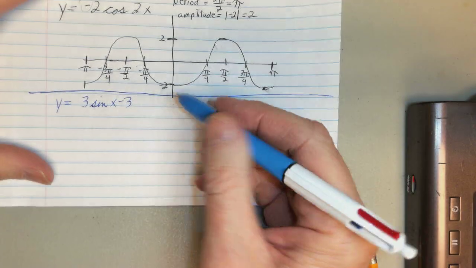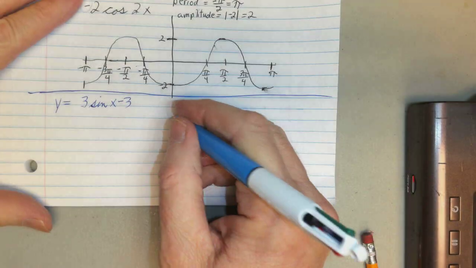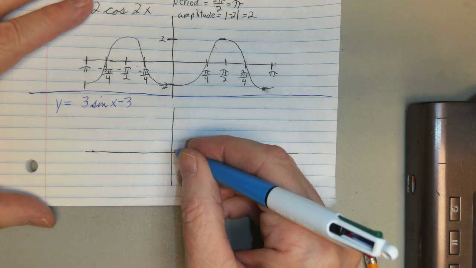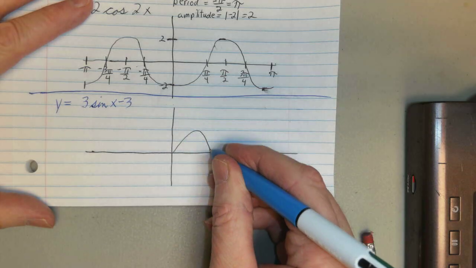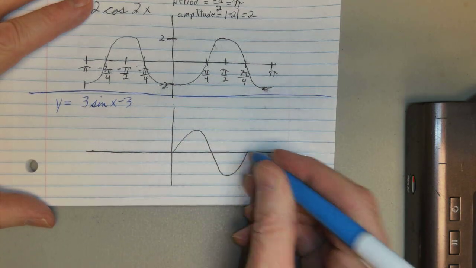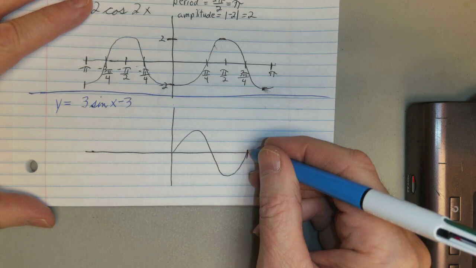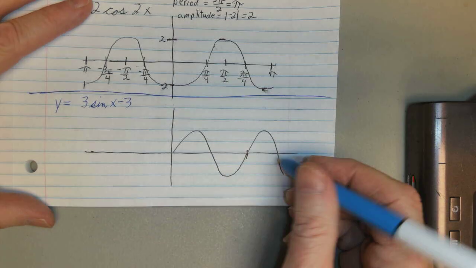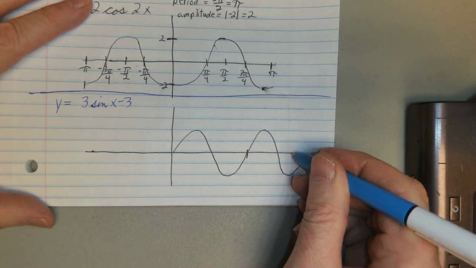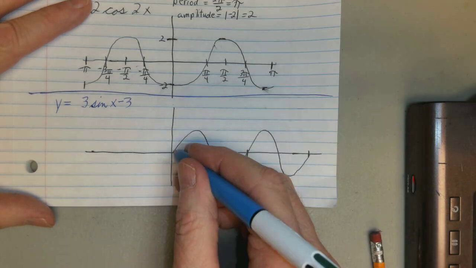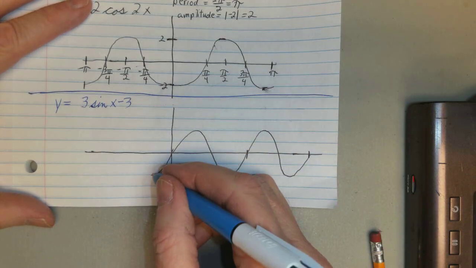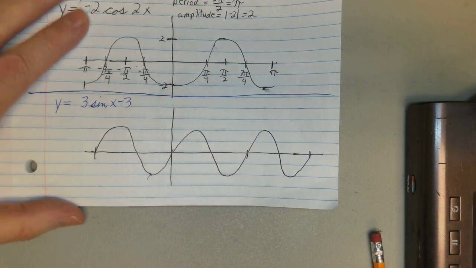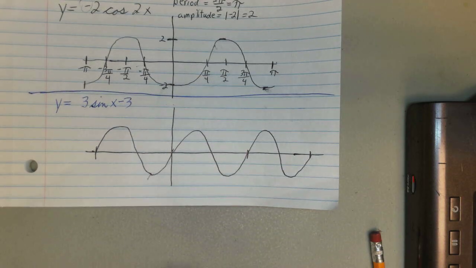We do have a vertical shift on this one. So, draw my y-axis, draw my x-axis. I'm going to draw a period, and then another period. I just ran out of room up here, so a little more room here. There's another period, and I'll draw another period this direction. Now I've sketched it.